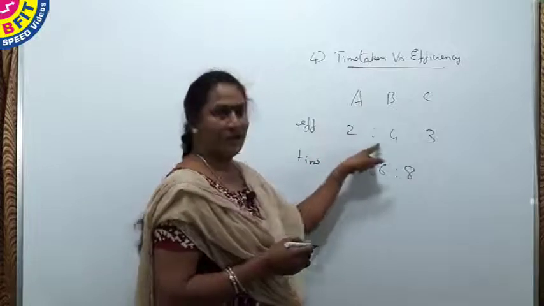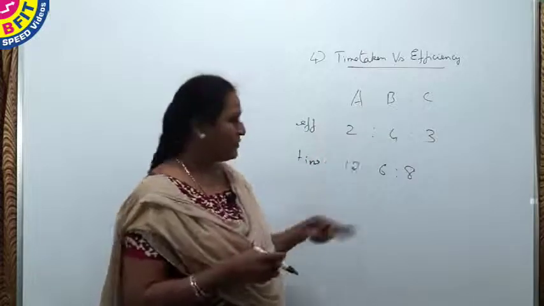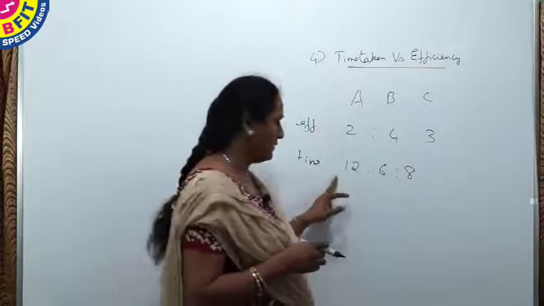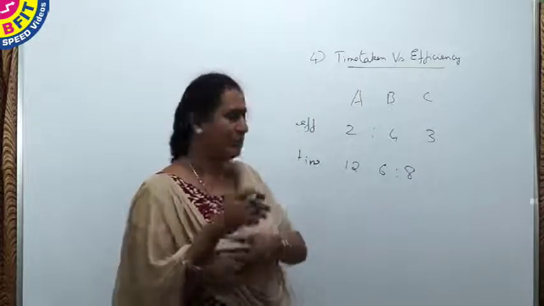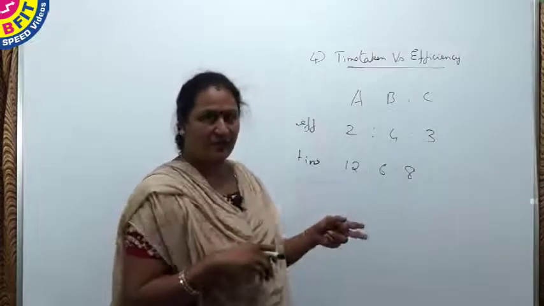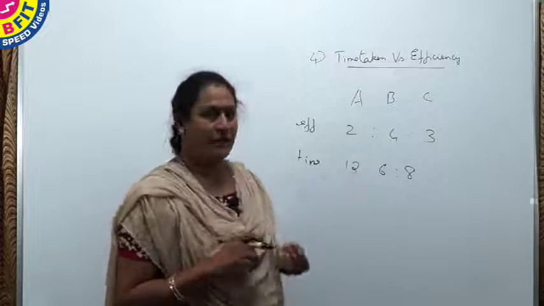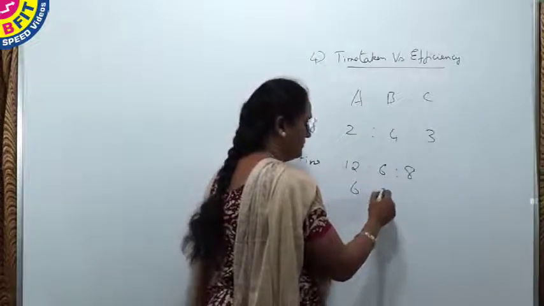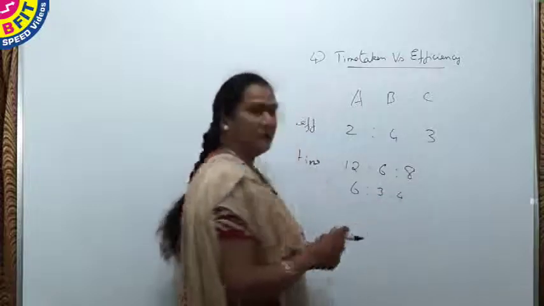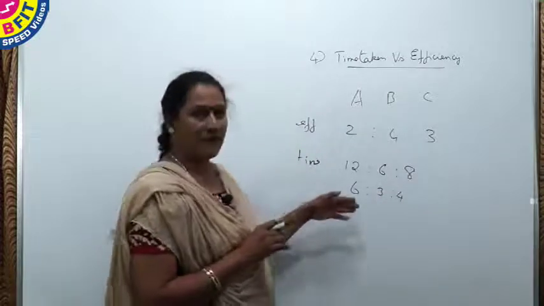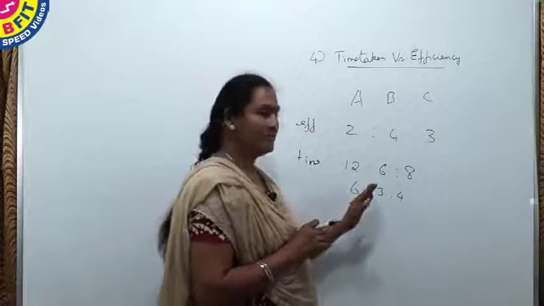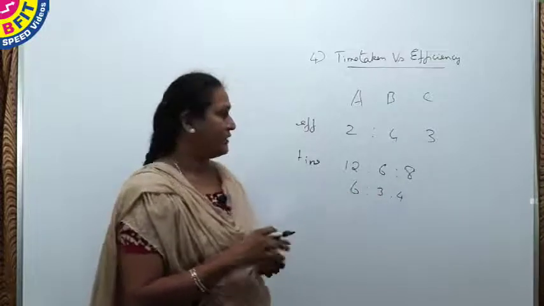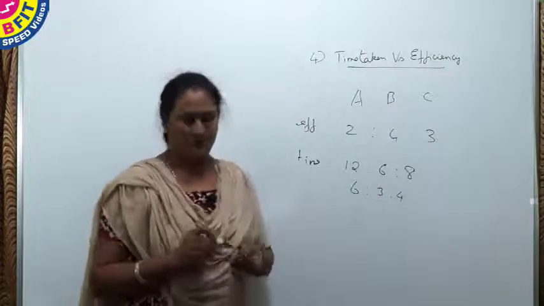Whenever you have a common factor between all the parts in the inverse ratio, just simplify it and you get the ratio for time taken. Here the common factor is 2. So the inverse ratio, that is the ratio of time taken, will be 6:3:4.